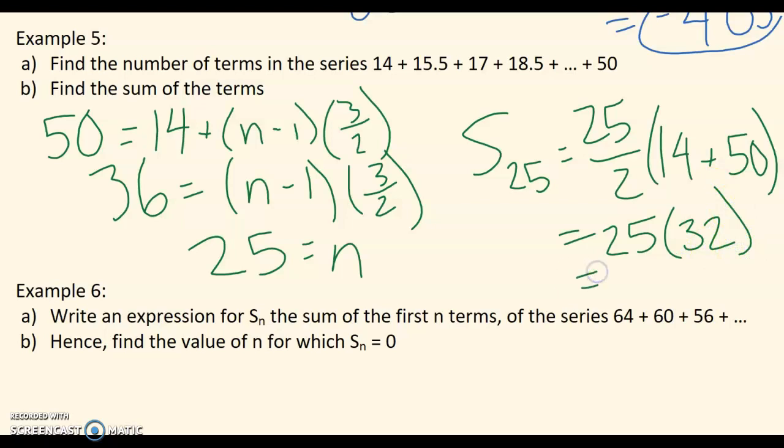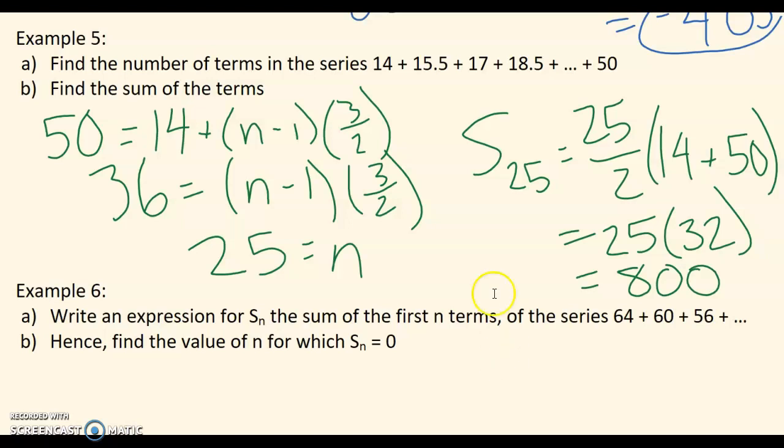And then, I don't know, mental math, so 25 squared is 625, and then you add 25 times 7, which is 175, and you add those together, and you get 800. Okay, and that's the sum.